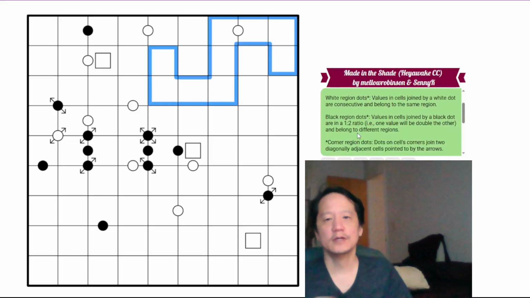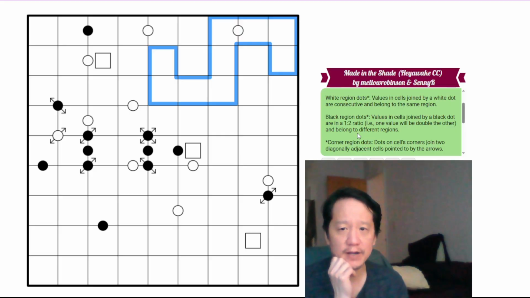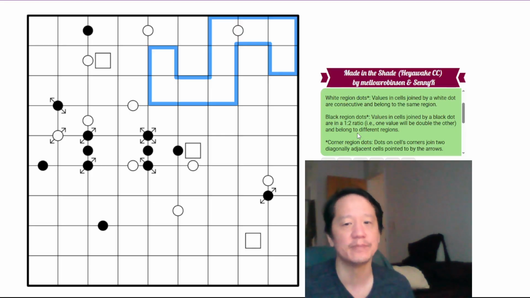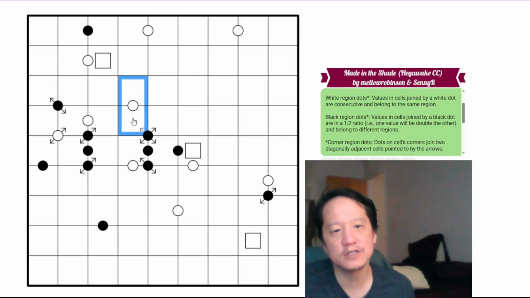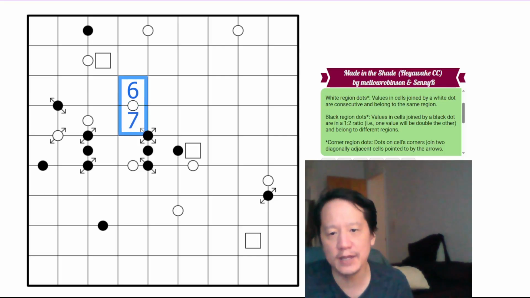Okay. We have white region dots, where values in cells joined by a white dot are consecutive and belong to the same region. So these have a white dot between them. So say there was a 6 here, this would have to be 5 or 7, and they would have to belong to the same region.